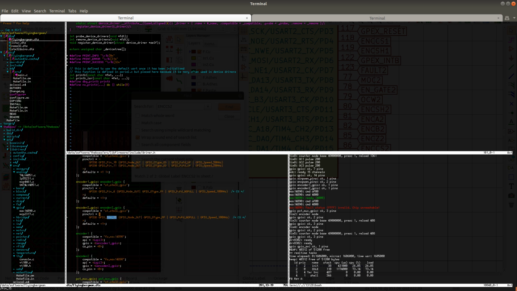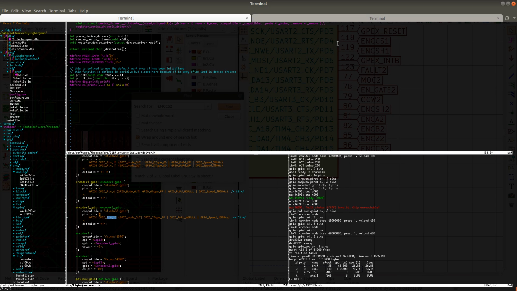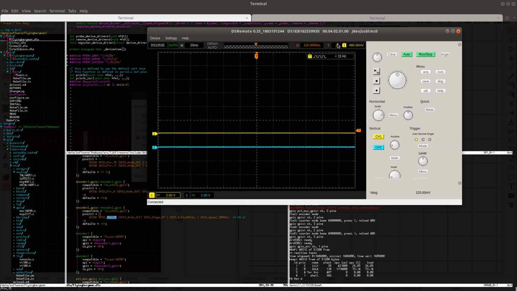Yeah, that's the only place where PD15 is configured. So I'm going to check if this is high right now. I'm going to bring up the scope here. So, checking PD15. Yep, looks like it's high. The pin is working now. So the problem is probably something else, but at least I'm one step closer. So CS is working now.